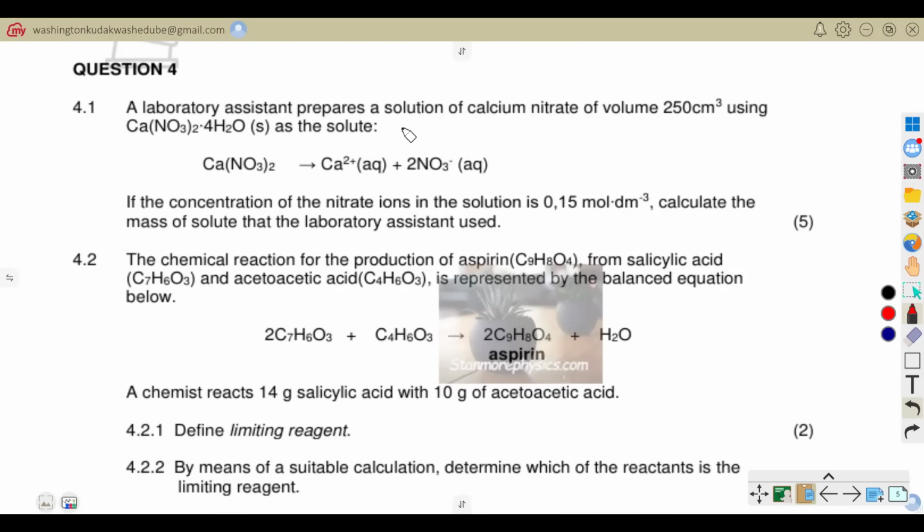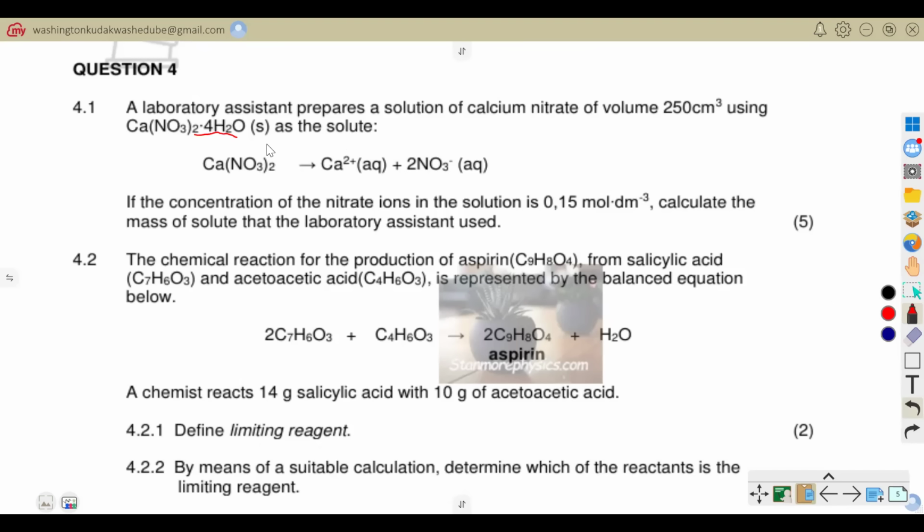Now let's do question number 4. A laboratory assistant prepares a solution of calcium nitrate of volume 250 cubic centimeters using hydrated calcium nitrate, sorry. So this one is hydrated calcium nitrate. So they are saying that the laboratory assistant prepares a solution of calcium nitrate of this volume using hydrated calcium nitrate as the solute.